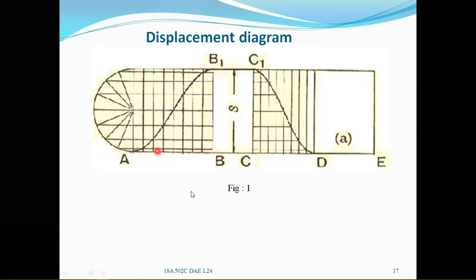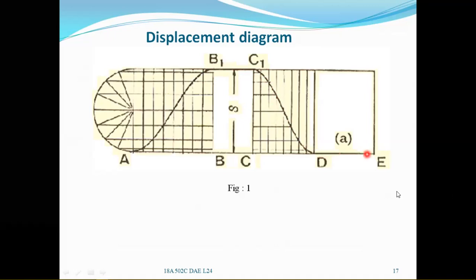Like this, you can join all these points A, P1, P2, P3, P4, P5, P6, P7, P8 or B1, and then C1, and join P8 or C1, P7 dash, P6 dash, P5 dash, P4 dash, P3 dash, P2 dash, P1 dash, and finally D.